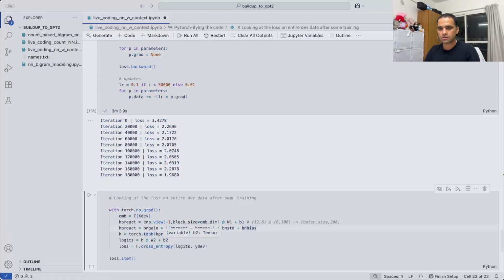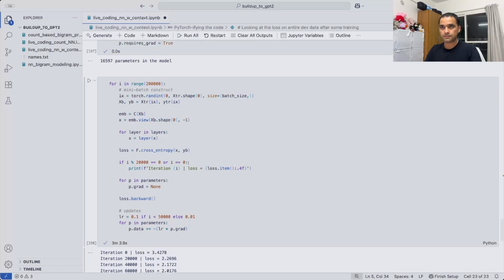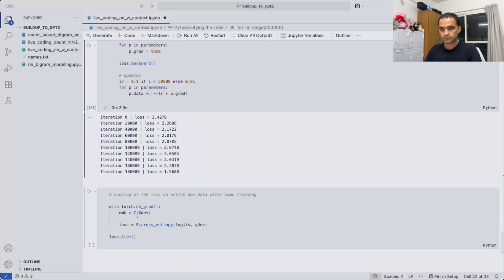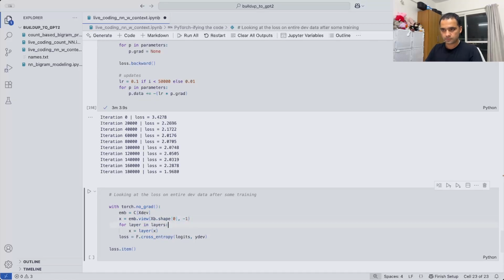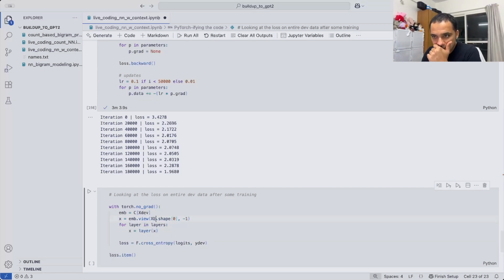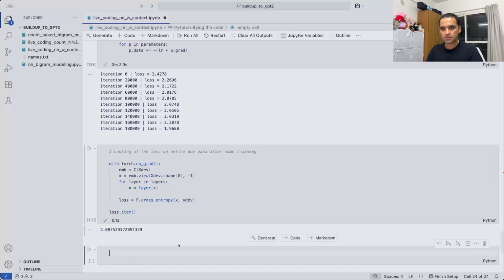One last piece now. Let's also try to calculate the loss for our entire dev data. So what happens here is, cool.